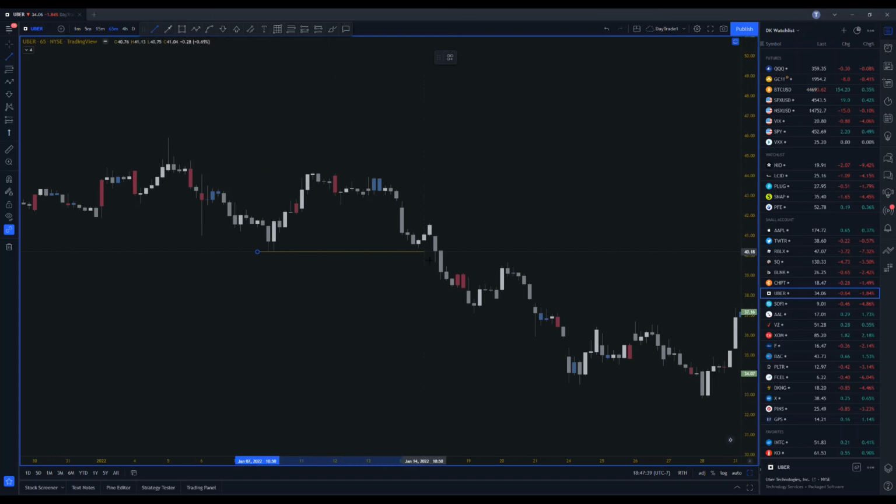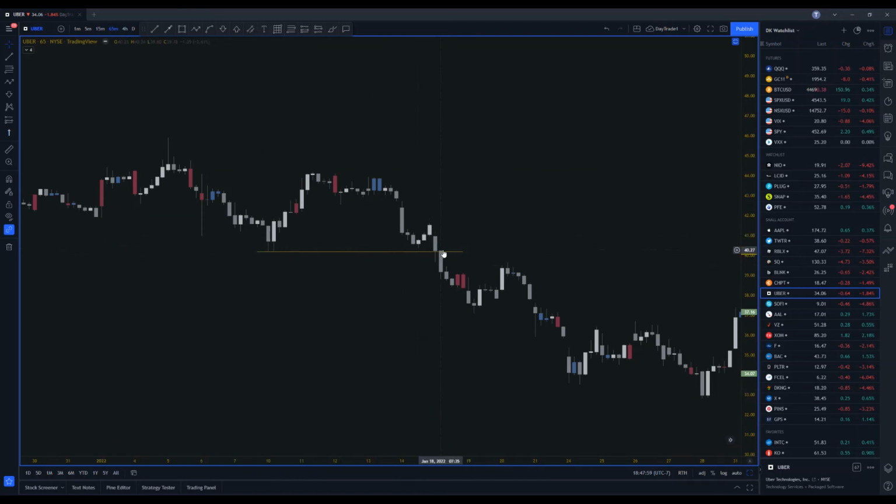So we got a low, right? Our low was January 10th at 6:30 in the morning, right when the market opened. It broke on January 18th. So from the 10th to the 18th, you're just being patient. You waited 8 days to get some sort of break, to get some sort of retest of this level.